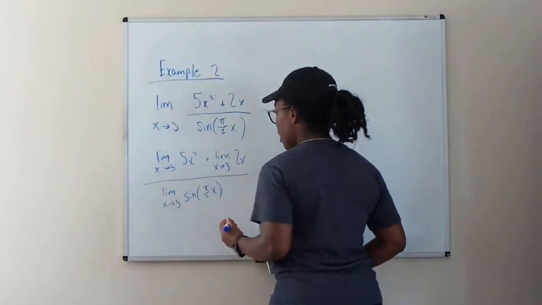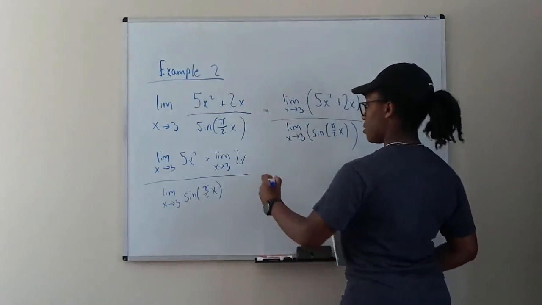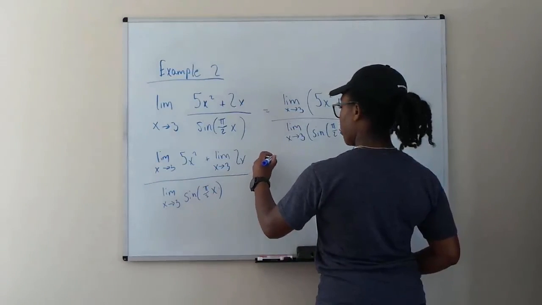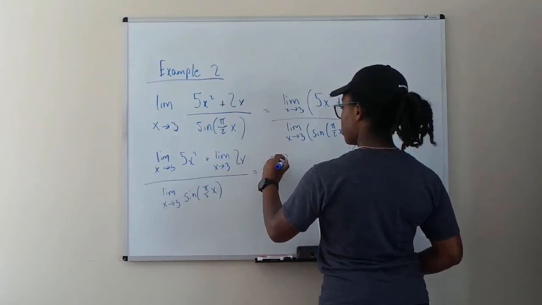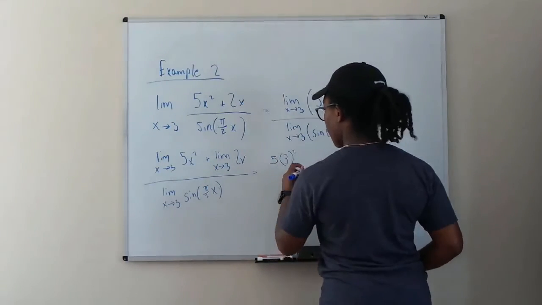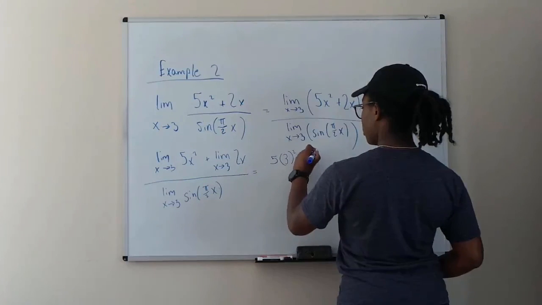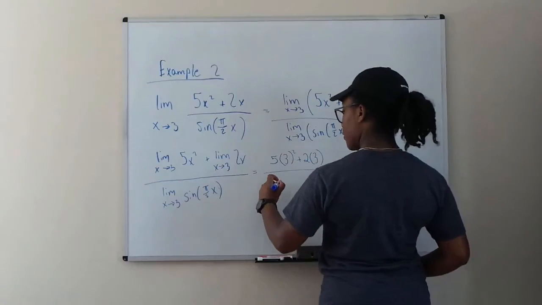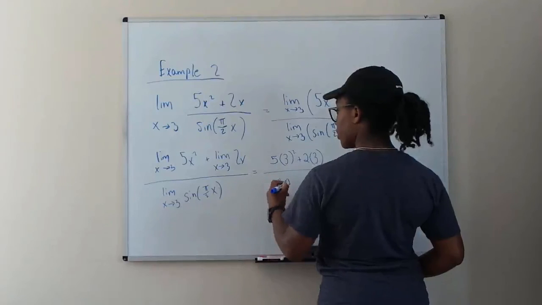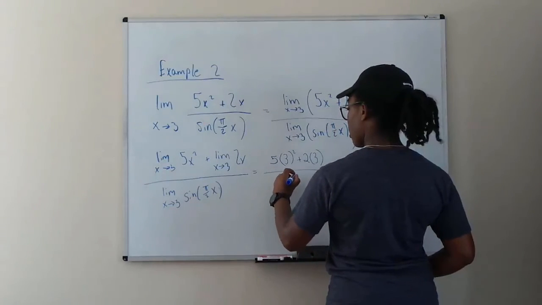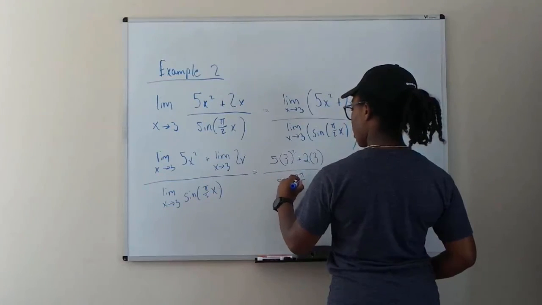And then from here we can just directly substitute. So we'll just plug the 3 in for the 5x squared, so it'll be 5 times 3 squared. And then plus 2 times 3. And then for this one, we'll do the same thing. So we have sine of 3 pi over 2, plugging in the 3.